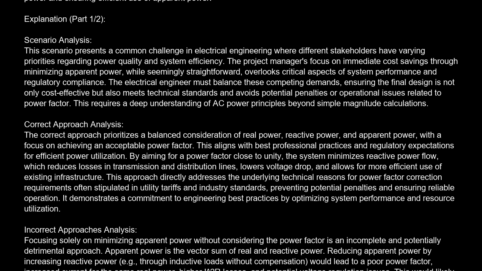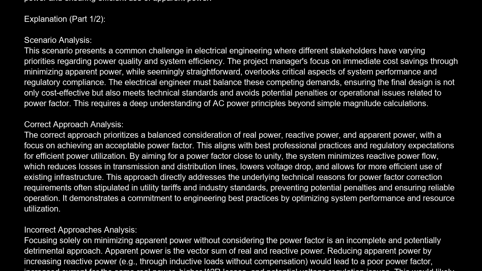Correct approach analysis. The correct approach prioritizes a balanced consideration of real power, reactive power, and apparent power, with a focus on achieving an acceptable power factor. This aligns with best professional practices and regulatory expectations for efficient power utilization. By aiming for a power factor close to unity, the system minimizes reactive power flow, which reduces losses in transmission and distribution lines, lowers voltage drop, and allows for more efficient use of existing infrastructure.